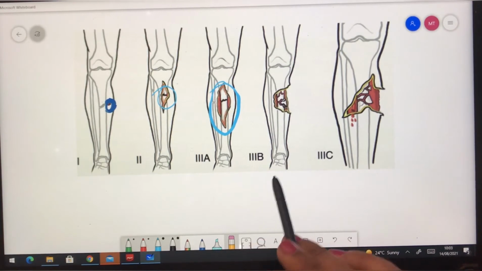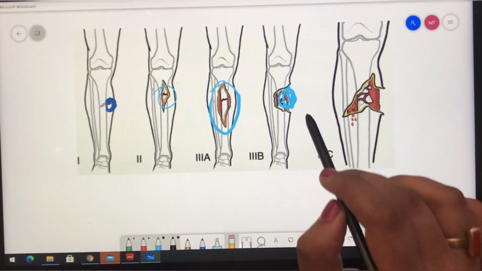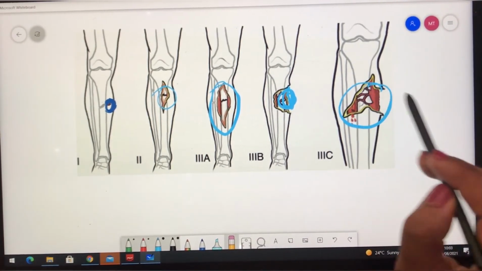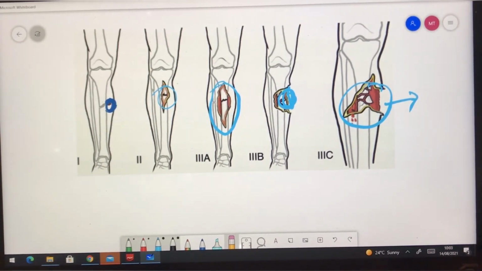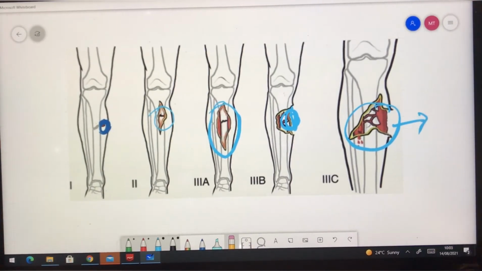In case of 3B, there is extensive soft tissue damage or stripping. And in case of 3C, a large wound with vasculature damage, with a major arterial injury. So this is how we classify open fracture into type 1, type 2, type 3A, 3B and 3C.